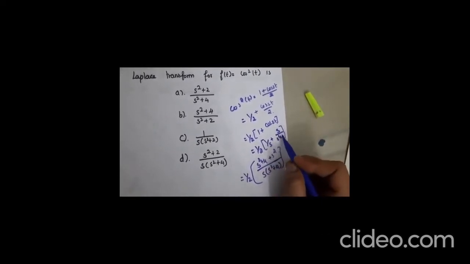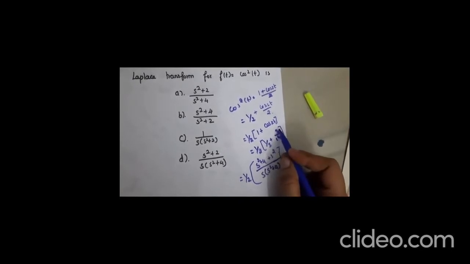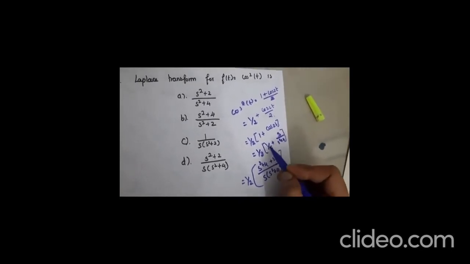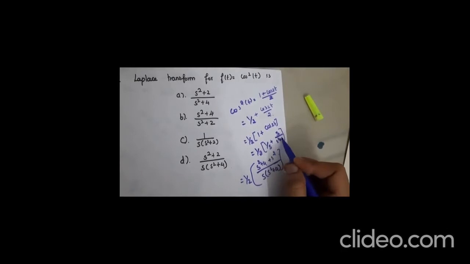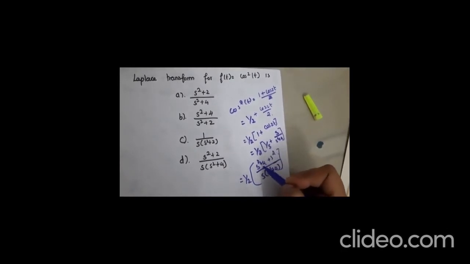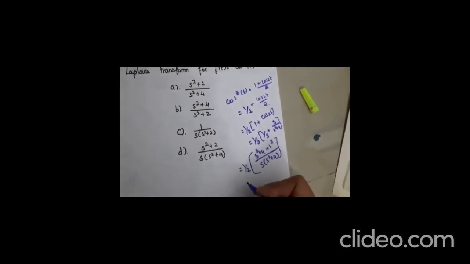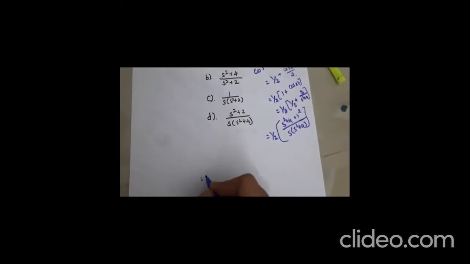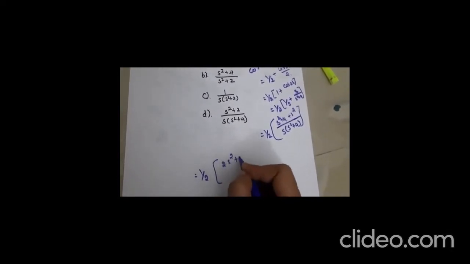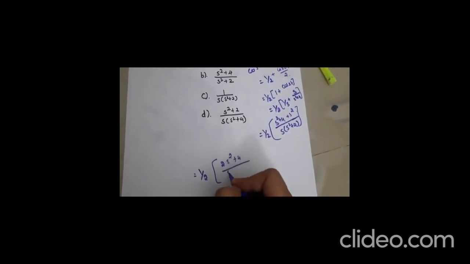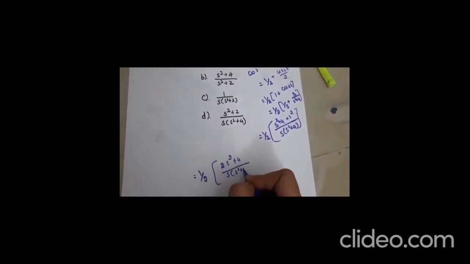So here there is no s, so this s is multiplied with this s, that becomes s square, and this 1 is multiplied with s square plus 4. So now solving this, we will get 1 by 2 into 2s square plus 4 divided by s into s square plus 4.